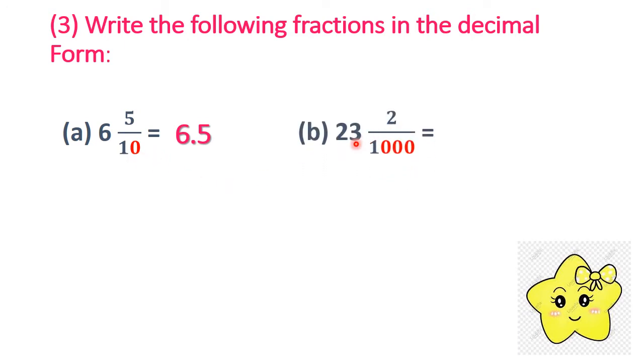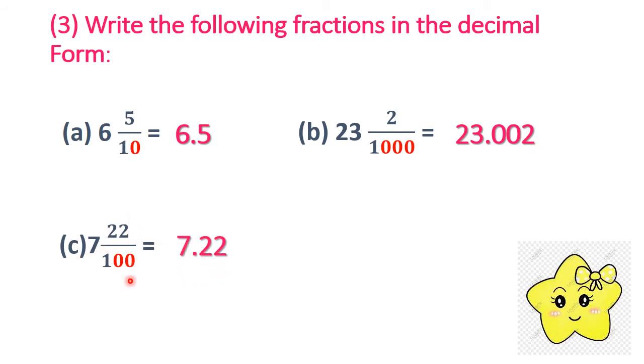B. 23 and 2 over 1000. To convert to decimal, the denominator is 10, 100, 1000, 10,000. Okay? Put 23 in the whole number and put 2 after 3 decimal places, 2 in thousandths. C. 7 and 22 over 100.